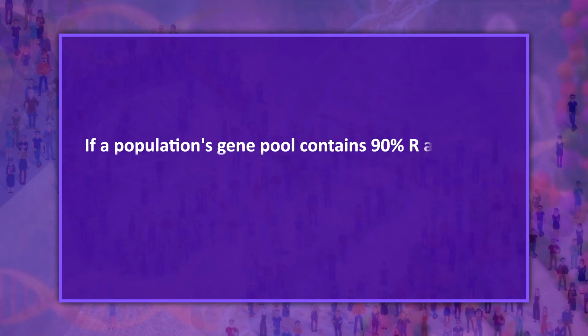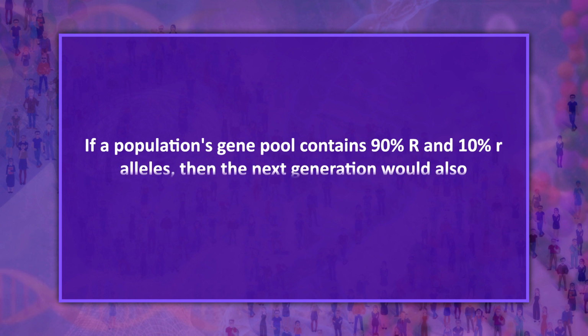If a population's gene pool contains 90% capital R alleles and 10% small r alleles, then the next generation would also have 90% capital R allele and 10% small r allele. However, this only works under a strict set of conditions.